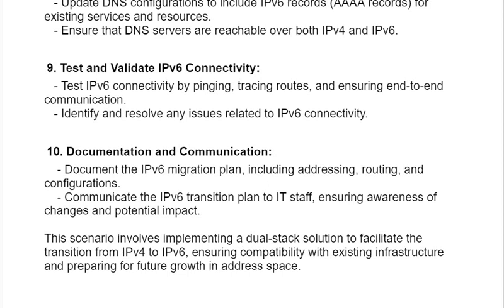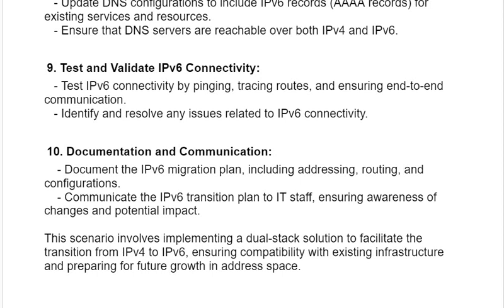Tenth solution: documentation and communication. Document the IPv6 migration plan, including addressing, routing, and configurations. Communicate the IPv6 transition plan to IT staff, ensuring awareness of changes and potential impact.